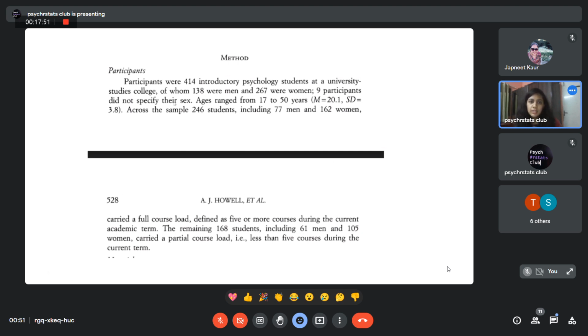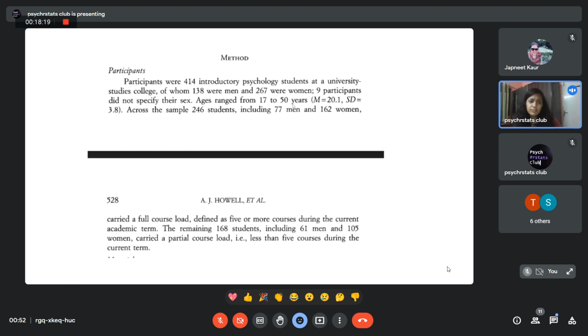Here they have a total of 404 students from this university. They report the total number of men and women, and they say 9 participants haven't specified their sex. Ages range from 17 to 50. See here, they have mentioned the lowest is 17 and the highest is 50, and if you wanted the range, you could subtract 17 from 50.